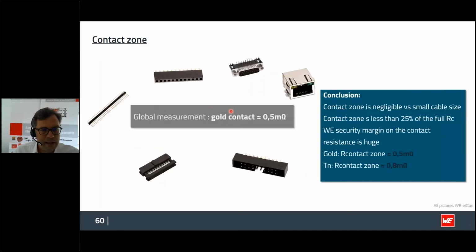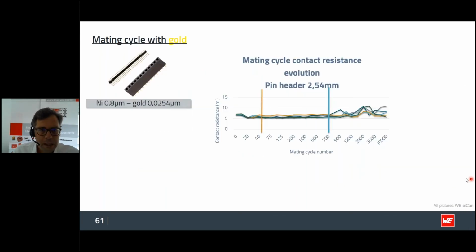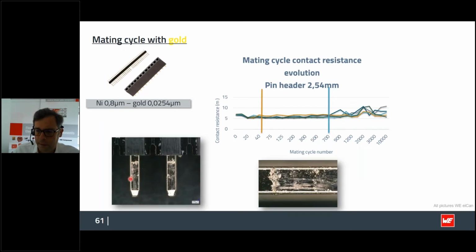As an example, in the presentation you can find some I/O connectors and also pin and socket headers where you use gold as a contact plating. In comparison to tin, you've got a better value for the contact A-spot. On the next slide, you can also see some abrasion on the material.